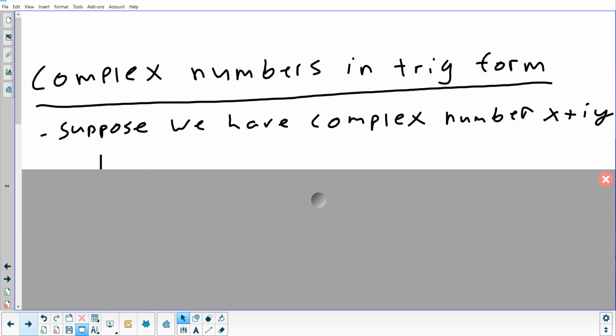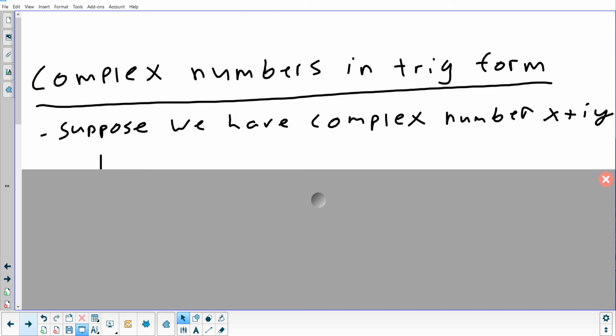You might be like, wait, don't you normally put the i after? You can. Yes, I've been writing like a plus bi. This is like writing ib. I'm just doing it that way because you're going to see in your book the formula, and I'm just trying to make it match. Alright, so this has a real part of x and an imaginary part of y.